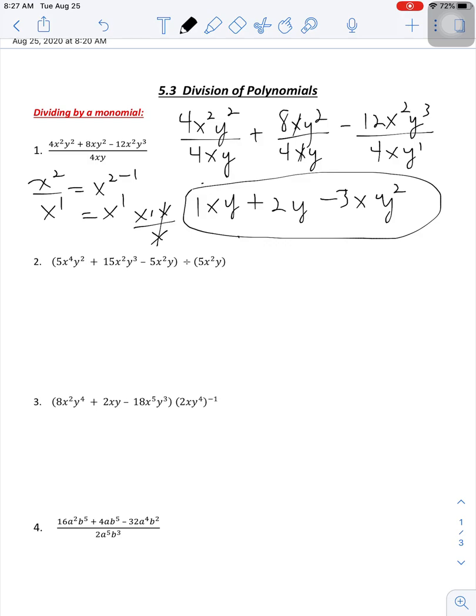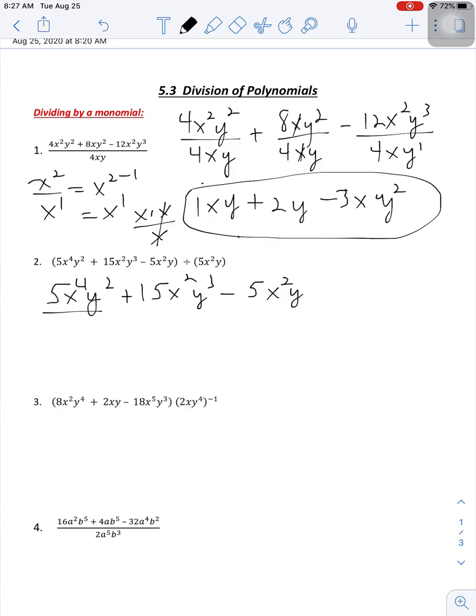Now I'm not going to go through 2. I'm just going to talk about the way that it's written, and then we're going to do 3 and talk about the way that it's written. If they have a number 2, written this way where you're dividing by the 5x squared y, you would be doing the same thing in terms of setup, where you have your polynomial that's getting divided.